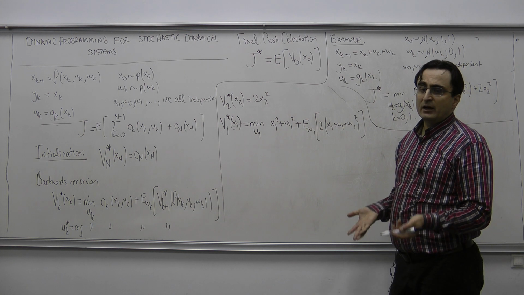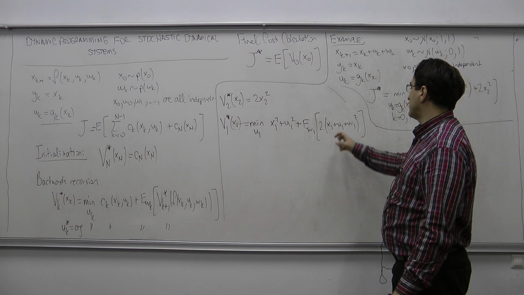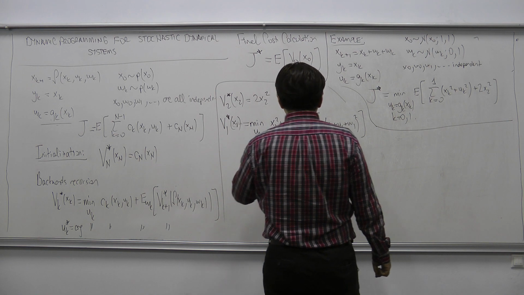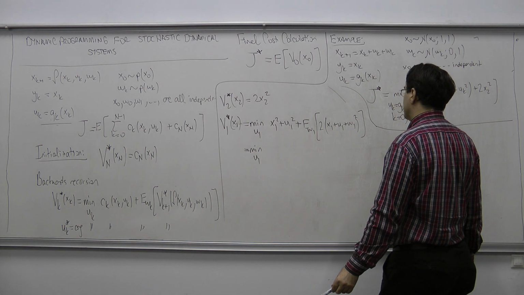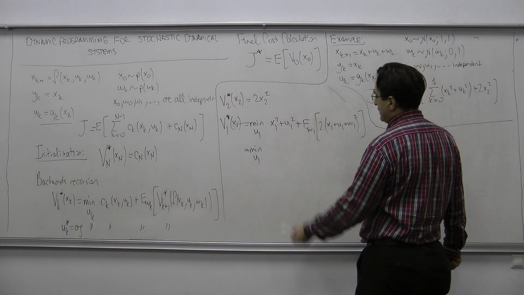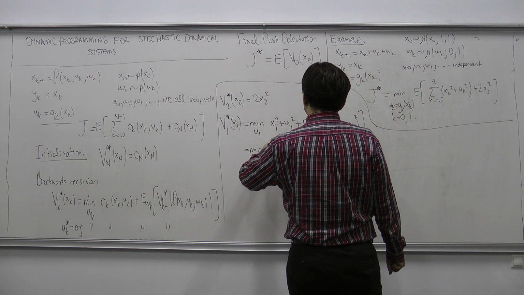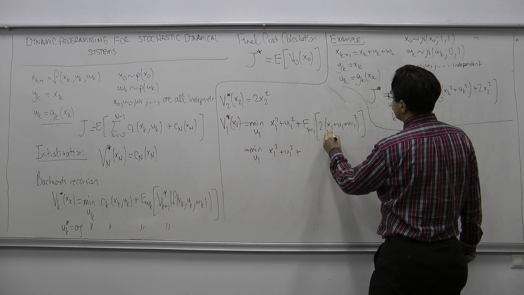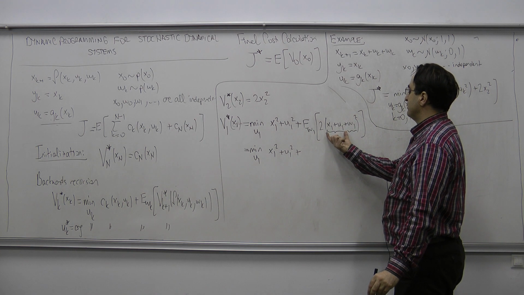So the first task that I'm going to do is actually to calculate this expectation. So I have minimize u1. Sometimes actually doing the minimization before expectation might be more useful. But here I would like to calculate the expectation first, and then I will minimize with respect to u1. So I have here x1 squared plus u1 squared, plus I will expand this summation into these two terms, x1 plus u1.